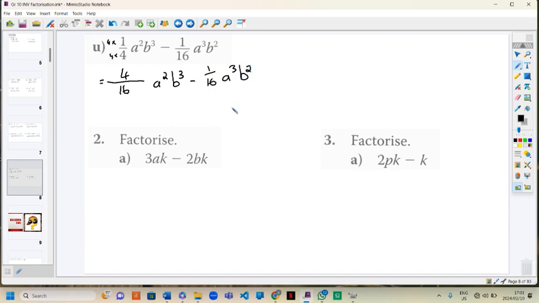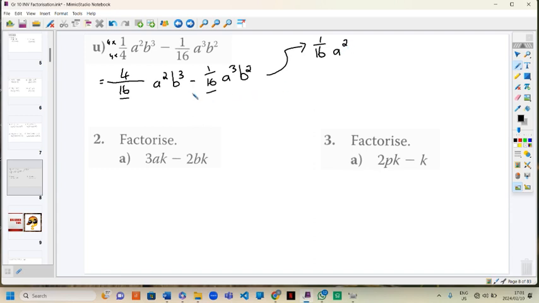Now what is common in those? 1 over 16, 1 over 16. So I want to take out 1 over 16. Now this might be a little bit tricky for some of you. Let's just finish with the A's quickly. What is common in the A's? Yep, it's A squared.